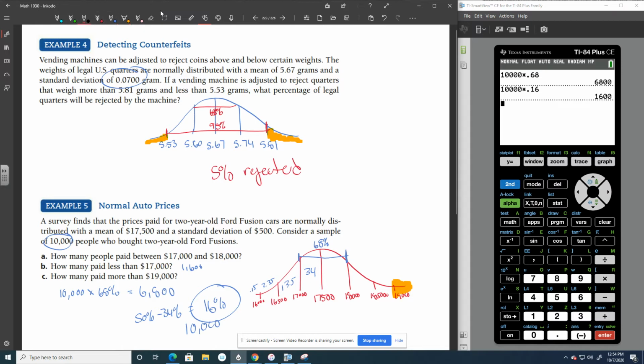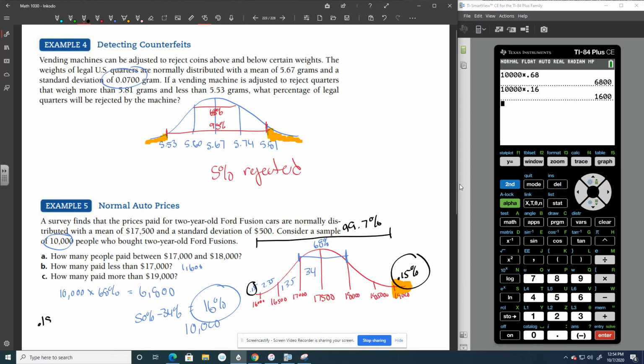Well, from 3 standard deviations to 3 standard deviations is 99.7% of the data, right? So that means this little 0.15 and this little 0.15 is all that's left. So more than 19,000 would be 0.15%.